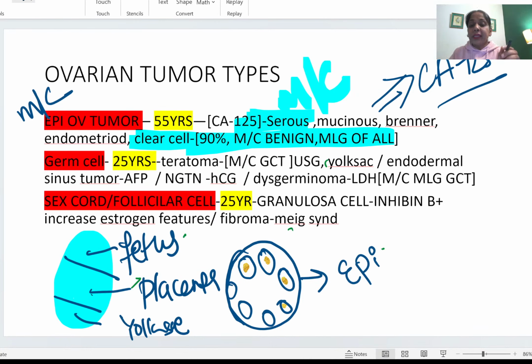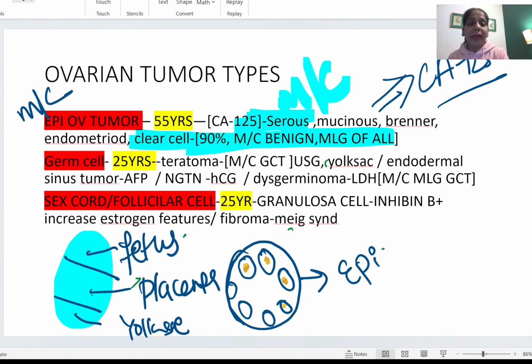Okay. The third type of tumor is sex cord tumor or follicular cell tumor. In this, the most common is the granulosa cell tumor. Sex cord cell tumor contains two types of tumor, granulosa cell tumors and theca cell tumor. You all know granulosa cells make inhibin and estrogen.